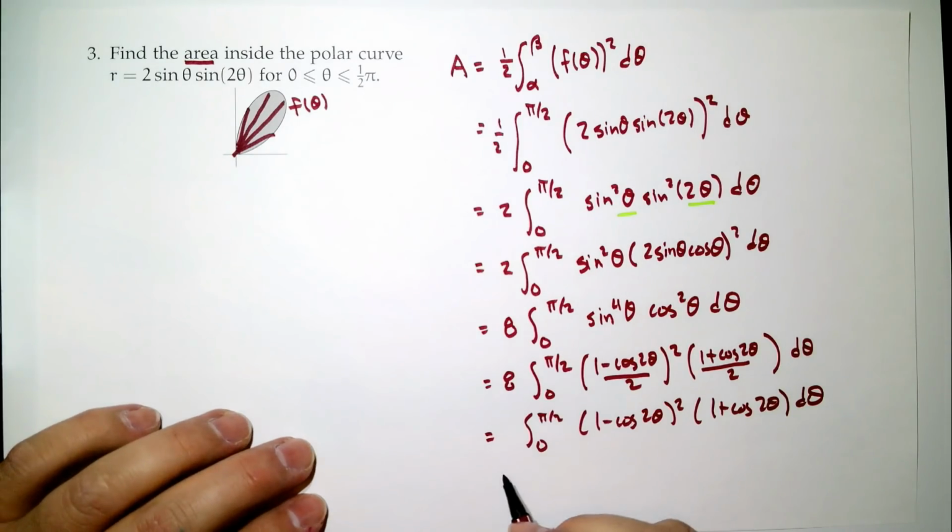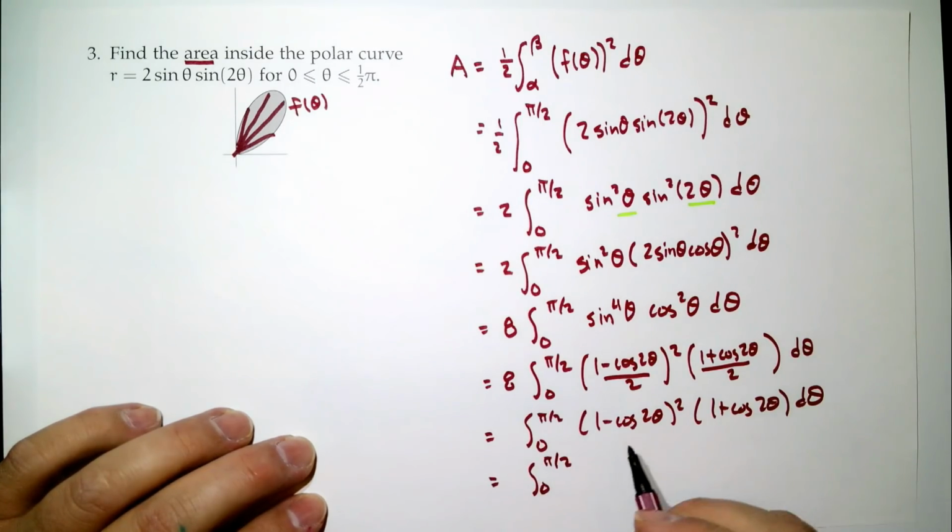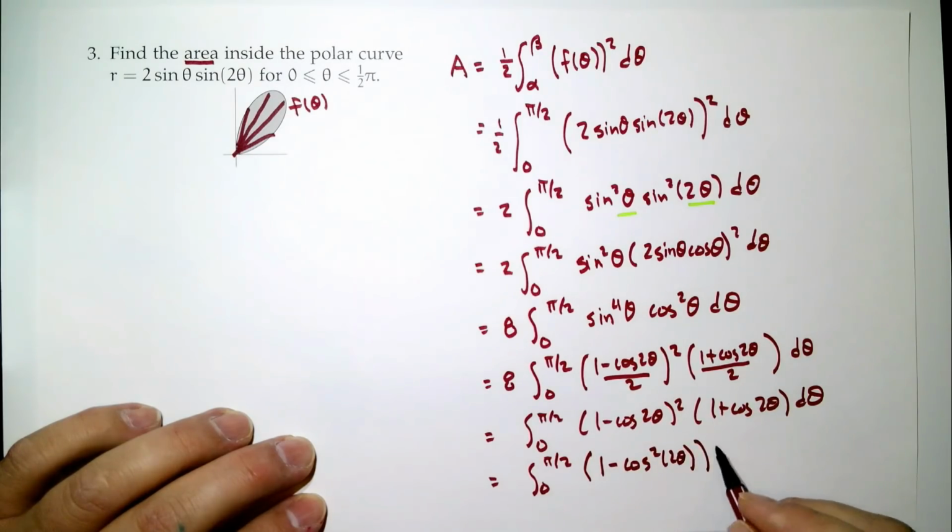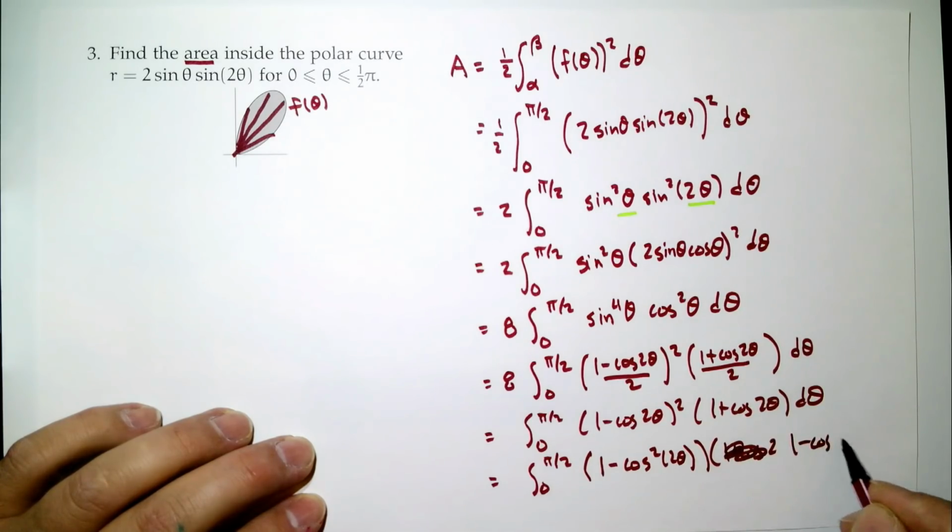What is this? Well, this is integral 0 to pi halves. And here, notice I have 1 minus, 1 plus. If I take one of these times one of those, I get 1 minus cosine squared of 2 theta.